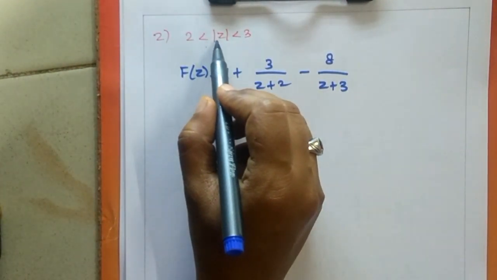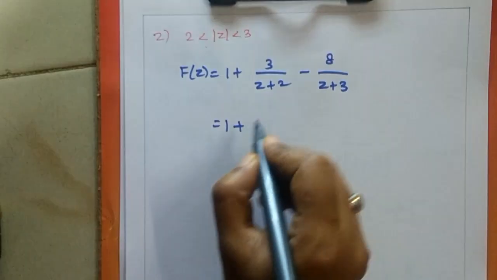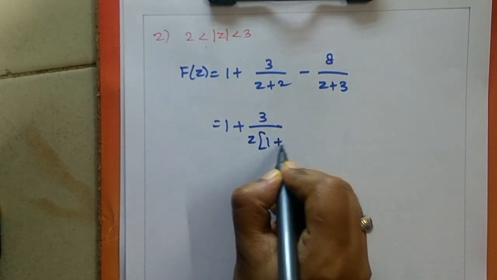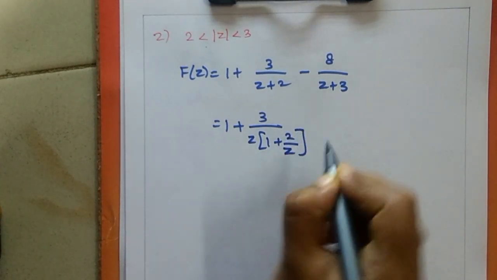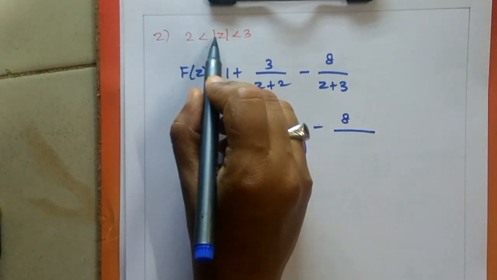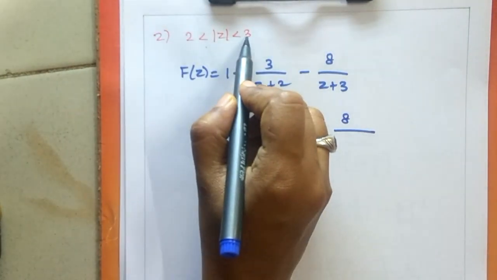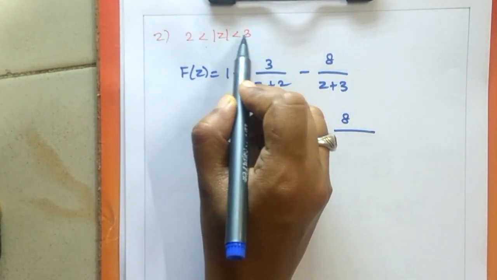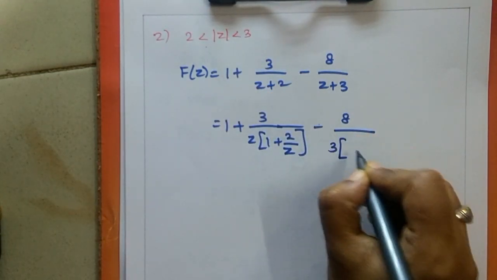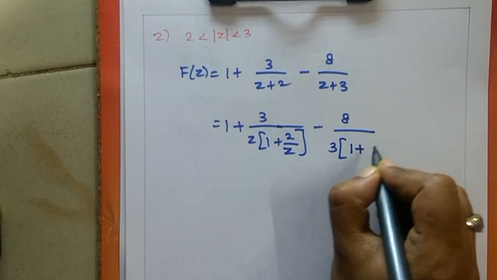It means z is greater than 2, so we take common out z: 1 plus 2 divided by z. Minus 8 divided by, here we have the condition mod z less than 3. It means 3 is greater than z, so we take common 3. It comes 1 plus z by 3.